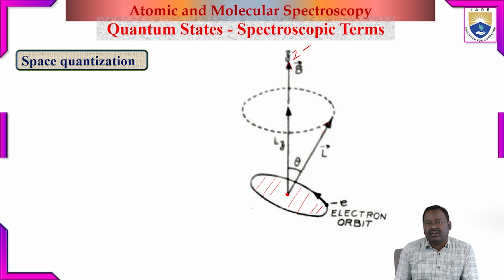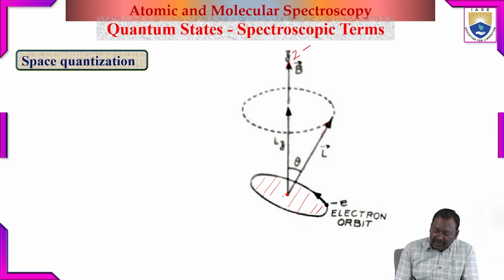So the direction of the orbital angular momentum vector is perpendicular to the plane of the orbital of the electron. So this is the perpendicular direction to the plane of the electron orbit.